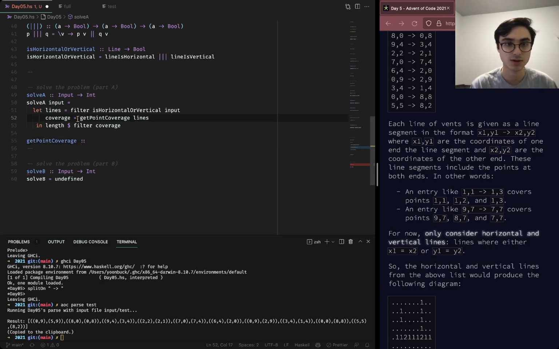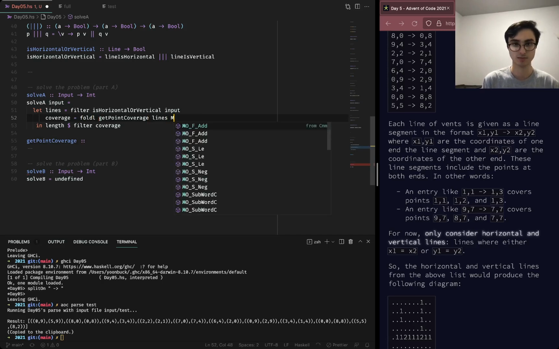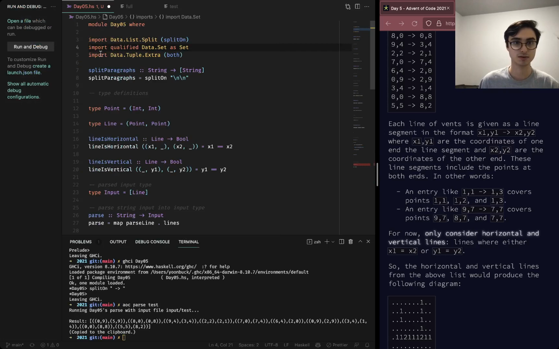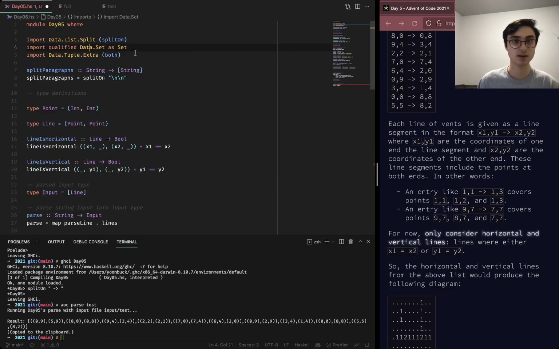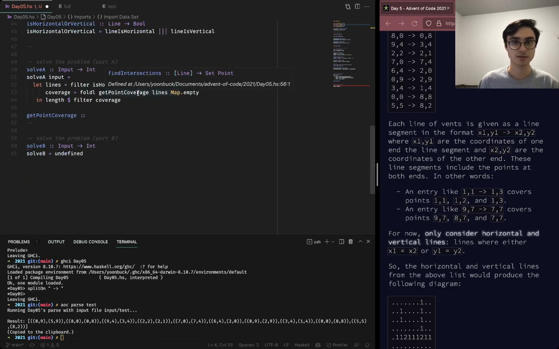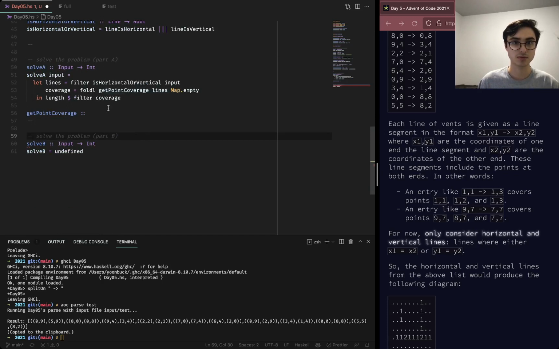So I guess we actually want to fold lines. Let's import Data.Map. So get point coverage.